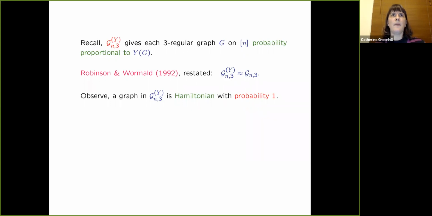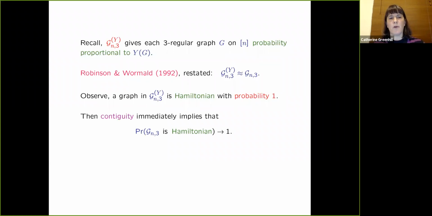Think of how often you're going to see a non-Hamiltonian graph in that model. You'll never see it because it's weighted with a probability which is proportional to 0. So you just don't see them, which means that in the weighted model, they're Hamiltonian with probability 1. And therefore, by contiguity, the other side must be Hamiltonian with probability which at least tends to 1. So the contiguity implies the result that Y is positive with probability tending to 1.